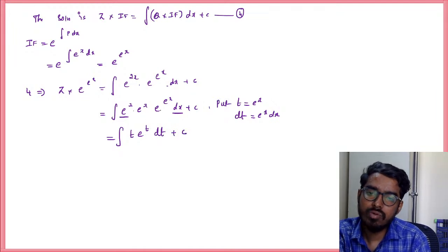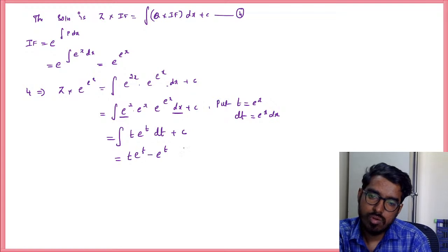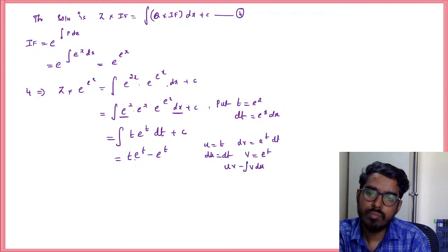This is uv minus integral v du. Put u is equal to t, dv equal to e power t dt. Therefore du will be dt, v will be e power t, uv minus integral v du.